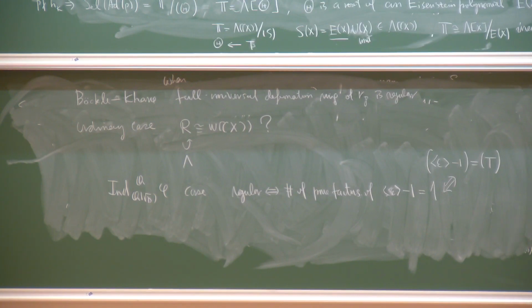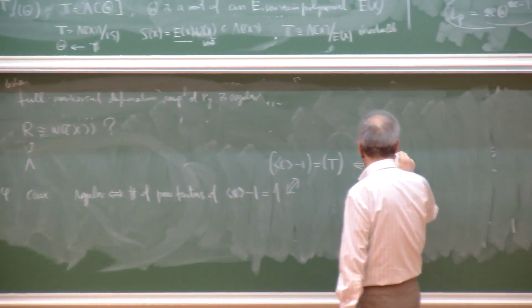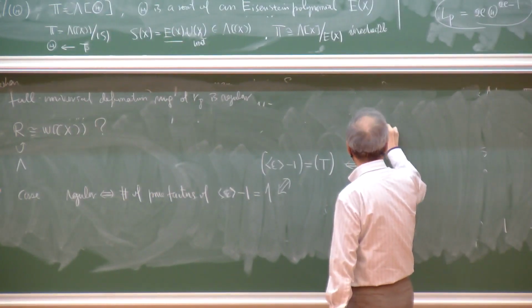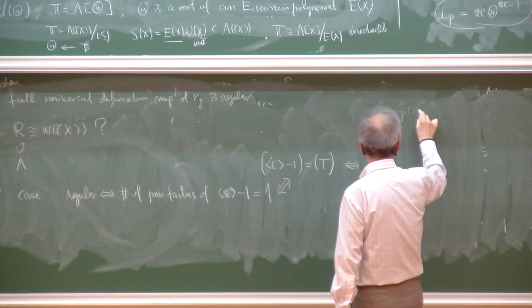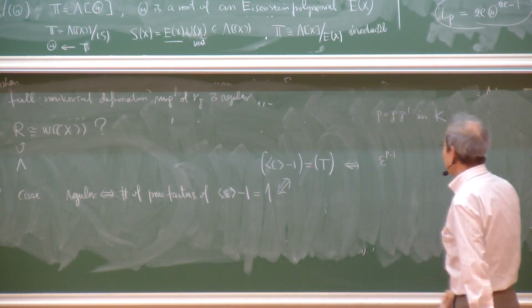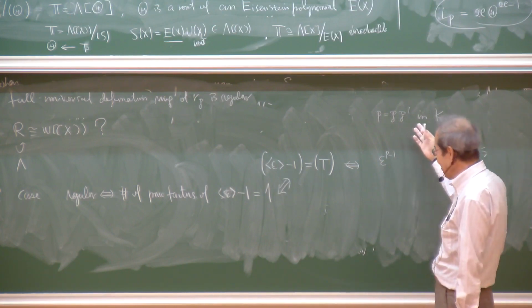What does this mean? This is equivalent to saying that epsilon to the p minus 1. So prime p is split in K, right? In the real quadratic field for the ordinarity condition.